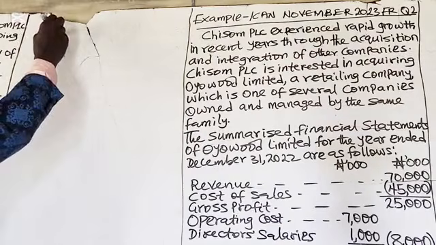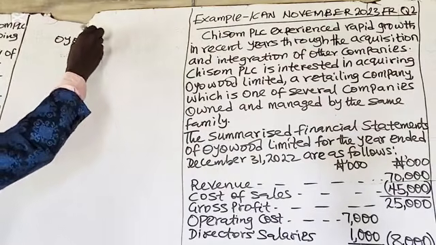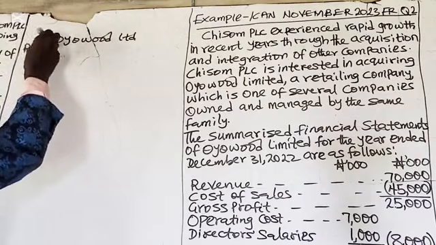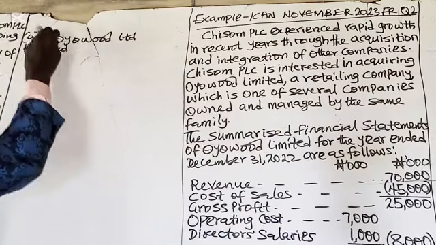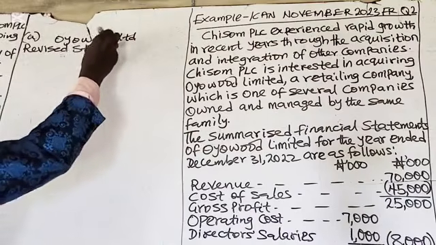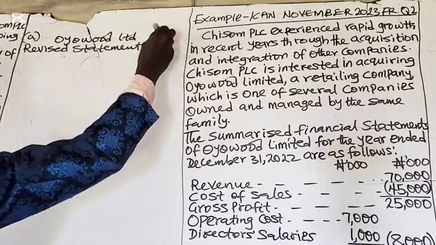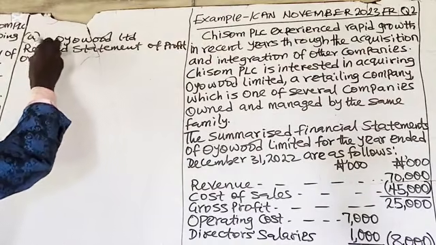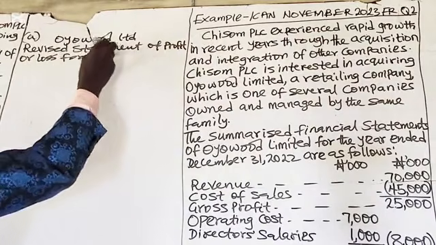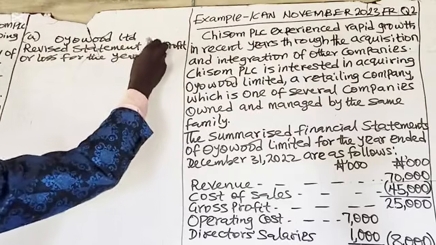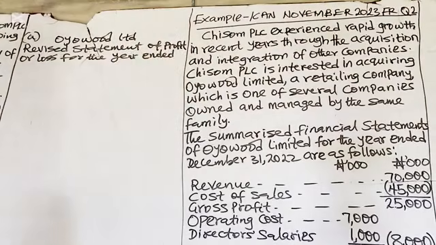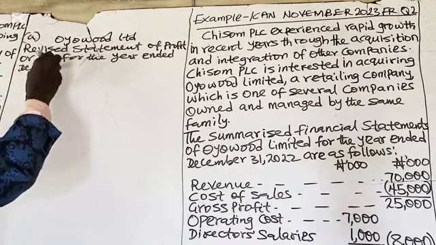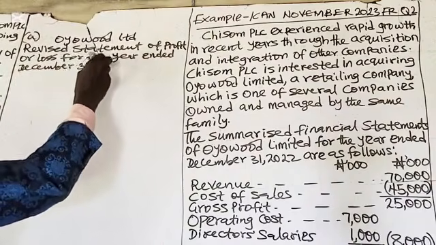So now let's have Oyowood Limited revised. This is requirement A. Revised statement of profit or loss for the year ended December 31st, 2022, which is the year end of Oyowood.